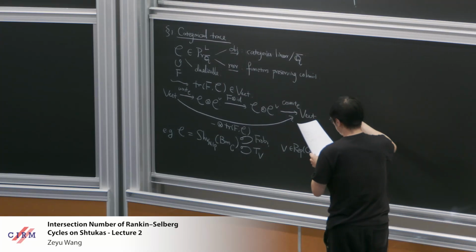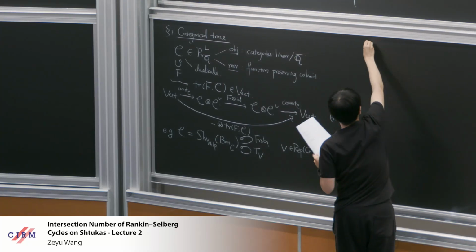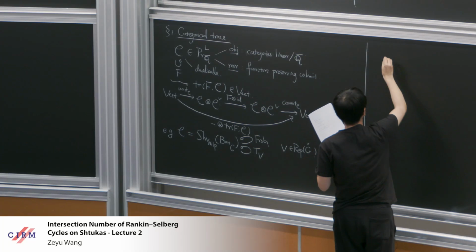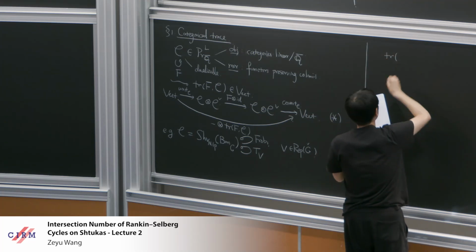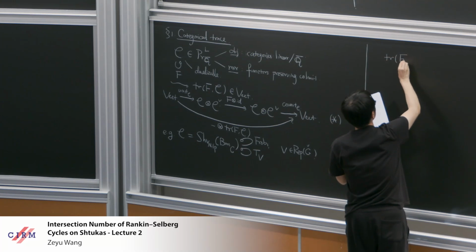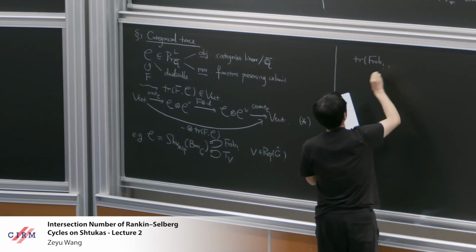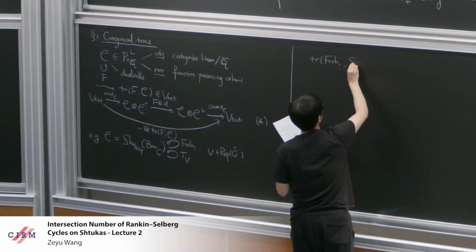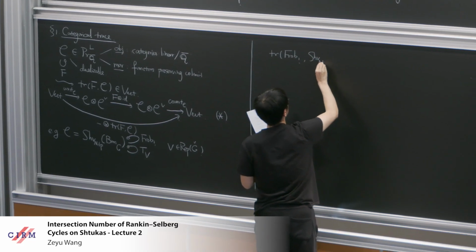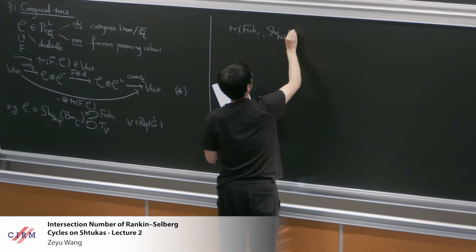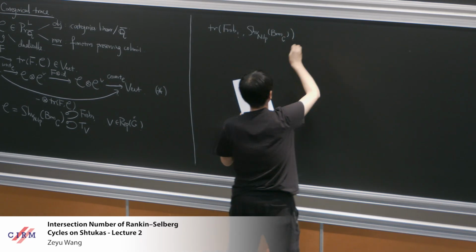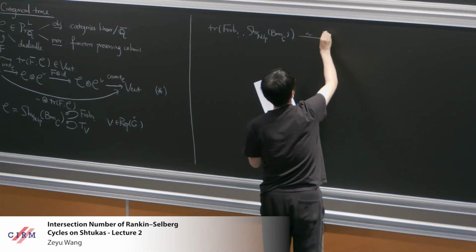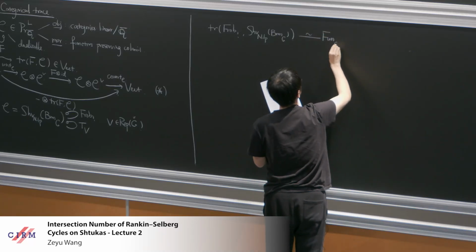Suppose you consider this, then I think a great theorem in geometric Langlands says that the categorical trace is something you are familiar with, the space of automorphic functions.